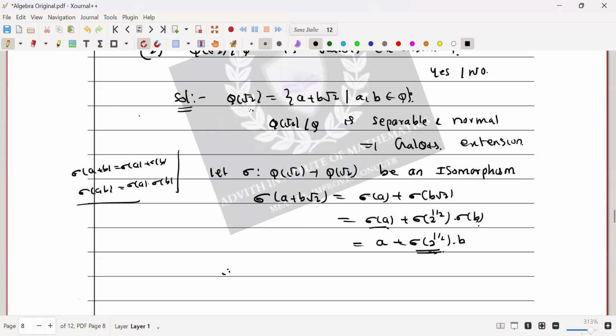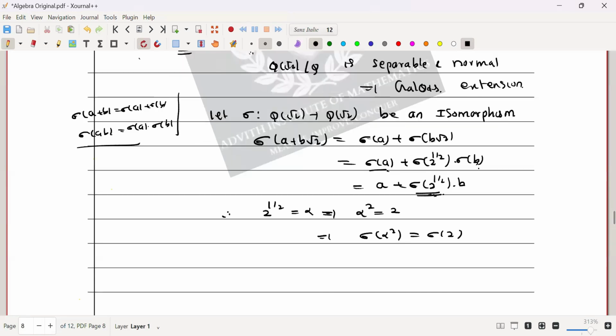So suppose 2 power 1 by 2, let x be equal to alpha. Okay, sir. So which implies alpha square is equal to 2, sir. Alpha square equal to 2. Everyone please mute, sir. So sigma of alpha square equal to sigma of 2, sir. Since sigma is one-to-one, sigma of alpha square equal to sigma of 2.